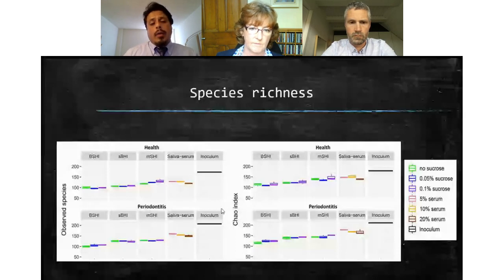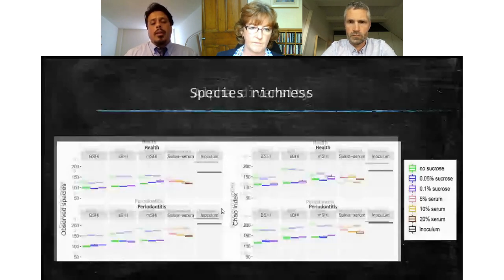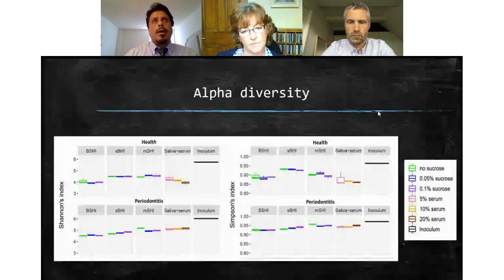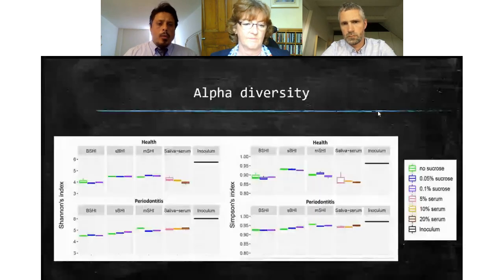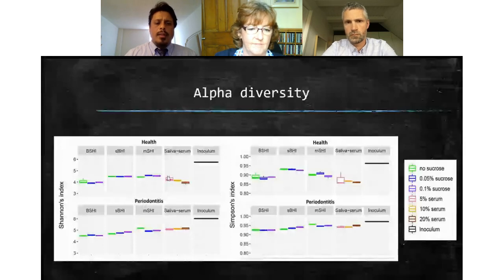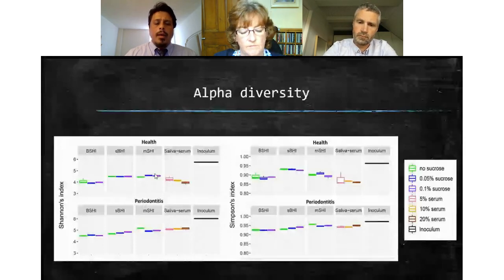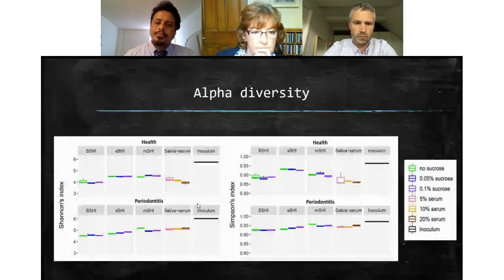However, when we calculated the alpha diversity, particularly because certain species overgrew in the saliva serum, we can see that the alpha diversity dropped a bit for saliva serum if we calculate the Shannon index for the health-derived microbiomes. But it still remained higher than the others for the peritonitis-derived microbiomes.